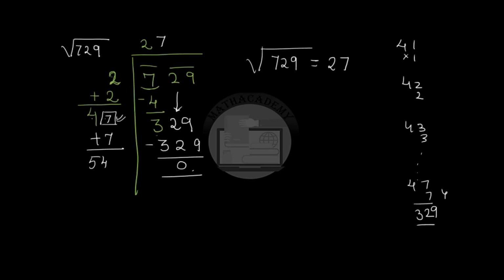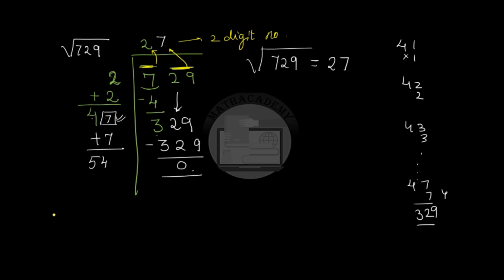In 729, how many pairing lines have we drawn? We have one pair here, 29, and the other line is over 7. Each of these lines will yield 1 digit in the square root. So 729 also has a square root which is a 2-digit number.